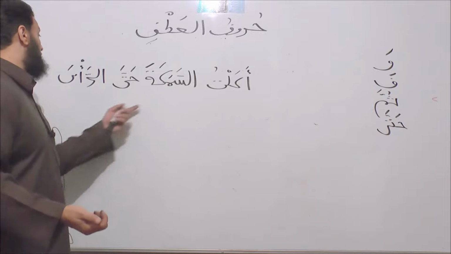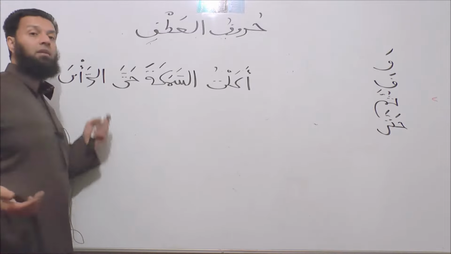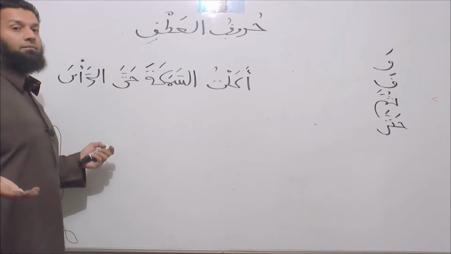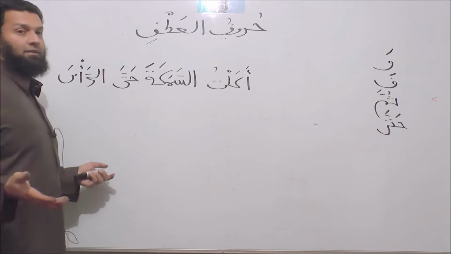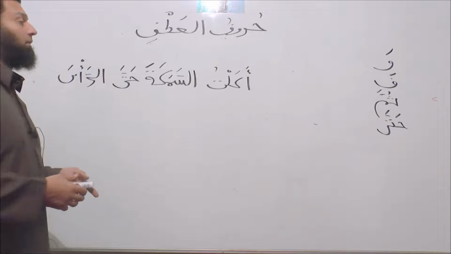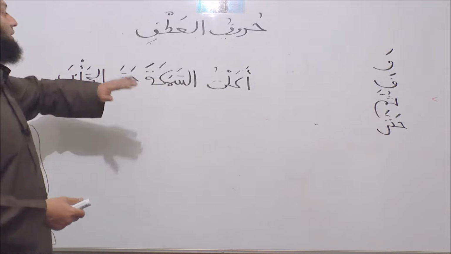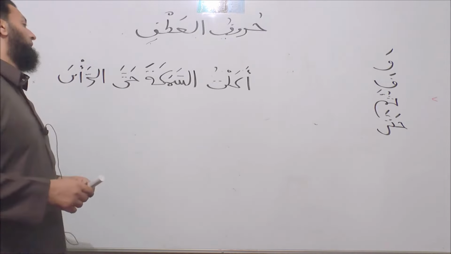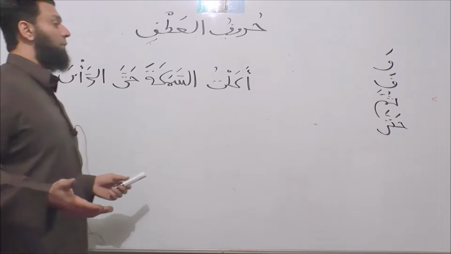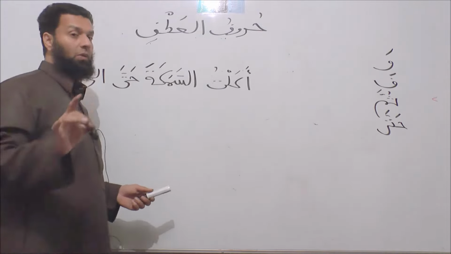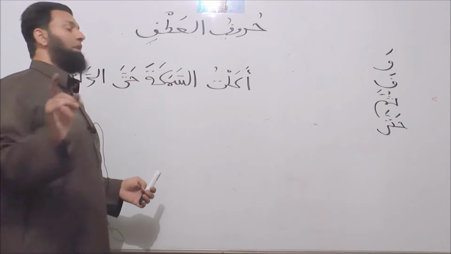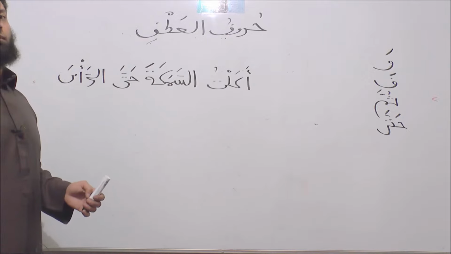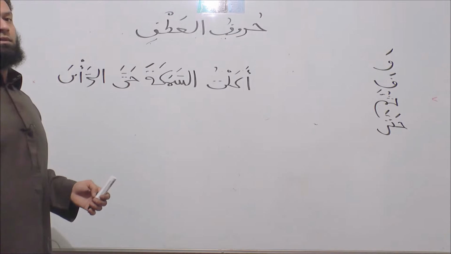I ate the fish. Did I not also eat al-ra'sa, the head? Yes. Right? So that is the use of hatta. Now, many people become confused because hatta is also a harfu jar.